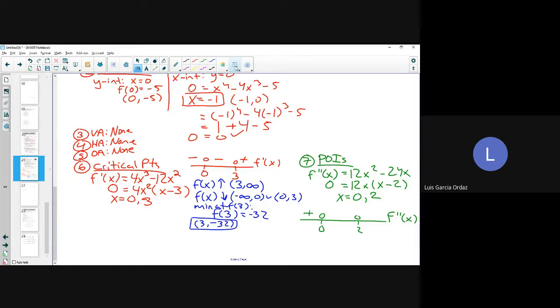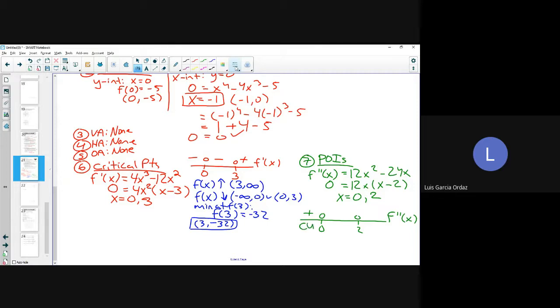Remember, my second derivative tells us if I'm concaving up or down. If I have a positive in my sign chart, does that mean concave up or down? Am I concaving up or down from -infinity to 0? Up. So I'm concaving up.